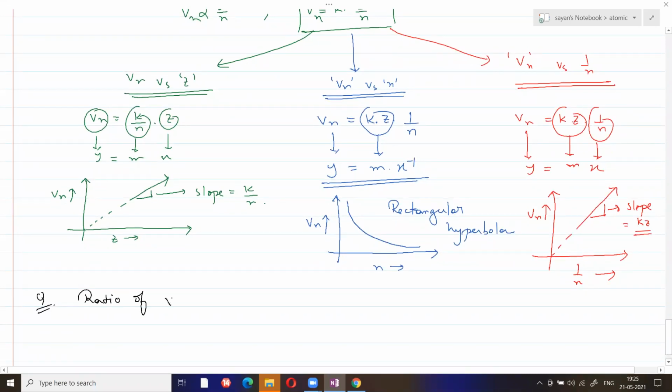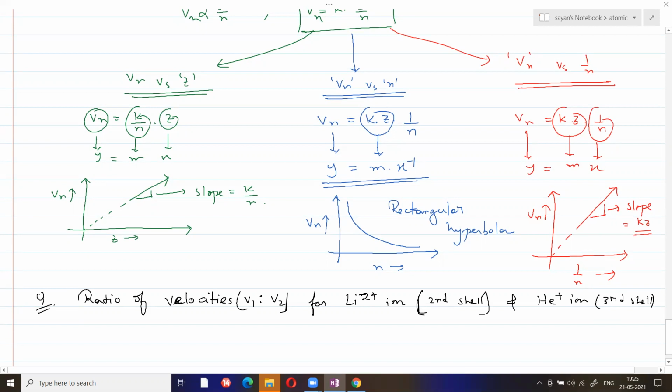Ratio of velocities v1 is to v2 for lithium 2 plus ion of second shell and helium plus ion of third shell. Solve it quickly. I will give you 3 minutes for that.